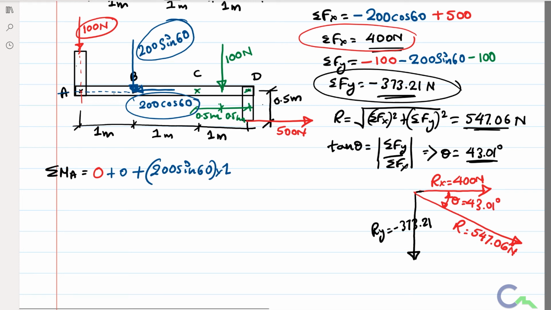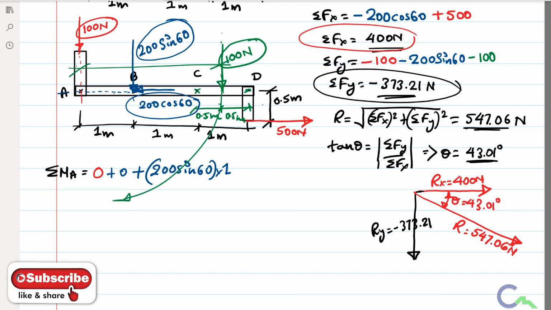Now I am going to consider this 100 Newton force. If I shift that force in the line of action of force, it is not passing through A, therefore it is going to rotate A. So the component is, if I take this as radius, if I am trying to create this circle, it is going to create in clockwise direction.